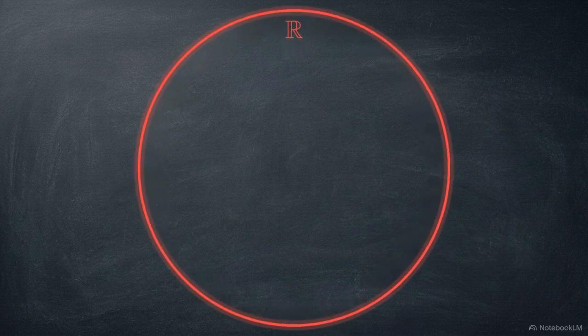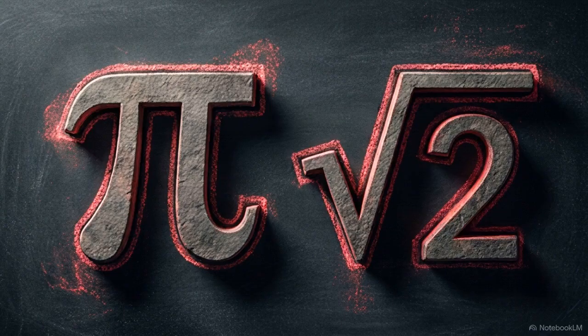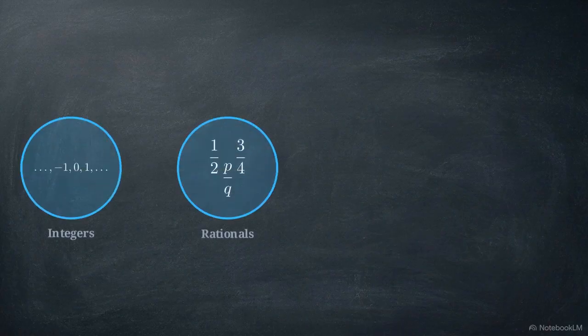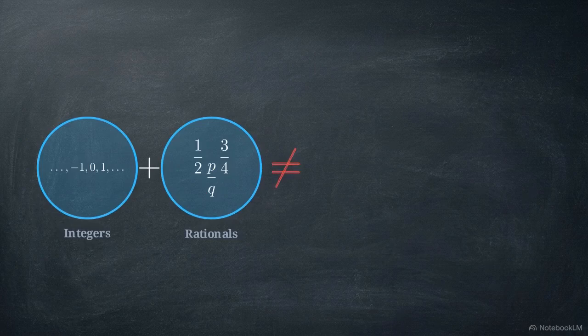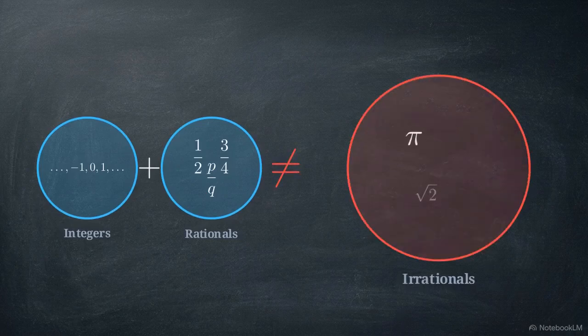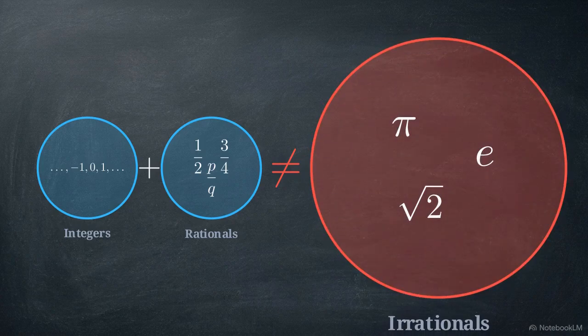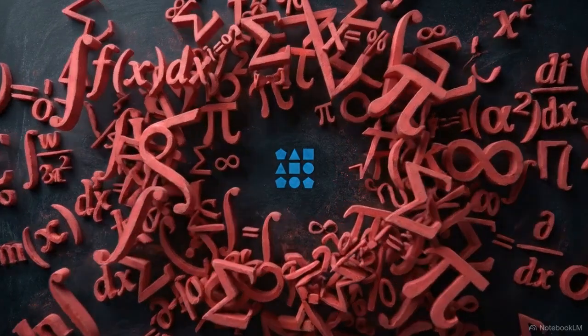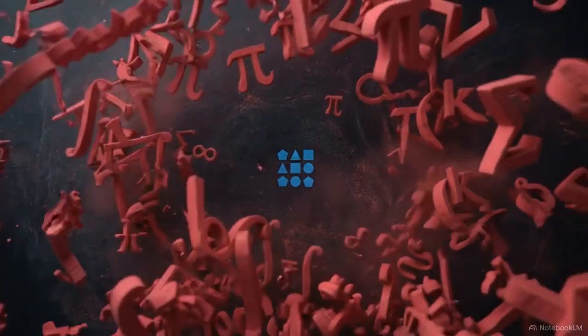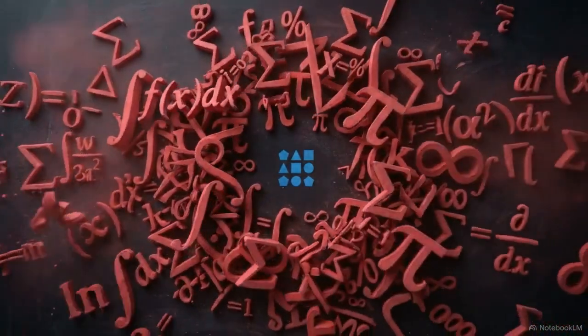The real numbers break the counting system because they include the irrational numbers, like pi and the square root of 2. You cannot combine two countable sets to make an uncountable one. Therefore, the irrationals themselves must be an uncountable infinity. There are infinitely more irrational numbers in the universe than there are rational fractions or whole numbers combined.